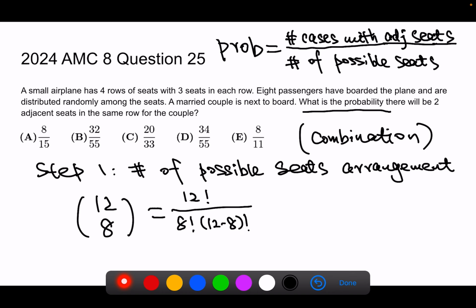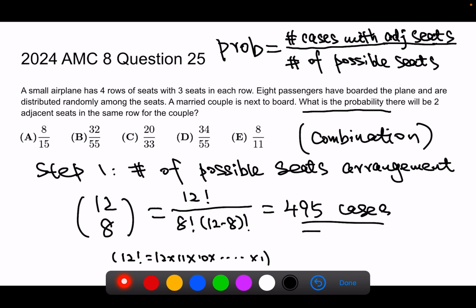Here, factorial means 12 factorial is 12 times 11 times 10 and so on down to 1. So if you do this calculation, you can find there are 495 cases. That is your universe. So altogether, we have 495 ways to say those 8 seats are taken.